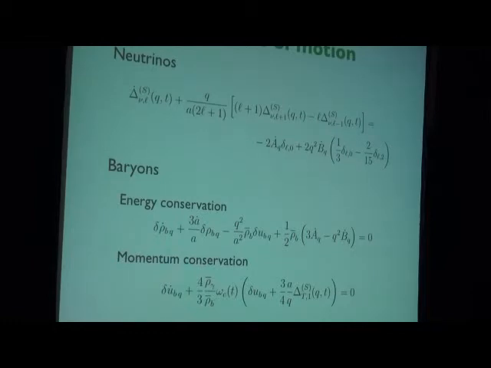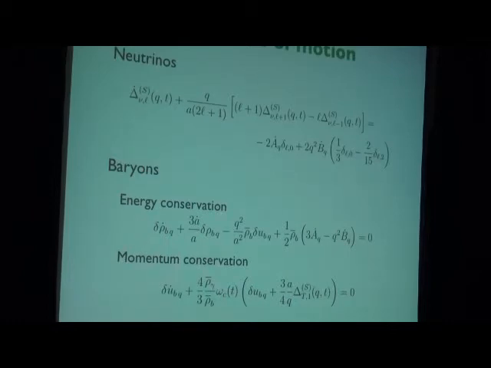For the neutrinos, the hierarchy is simple because there's no scattering, so you just have the free part. And then you again have modification because they're propagating in a non-trivial background. So there's small metric perturbations that have an effect. For the baryons, as I said, we can use a hydrodynamic description.